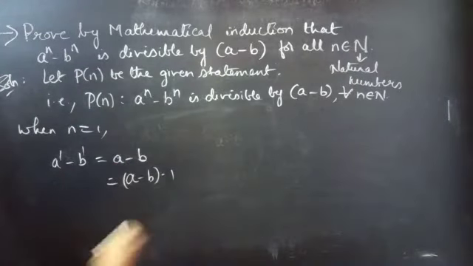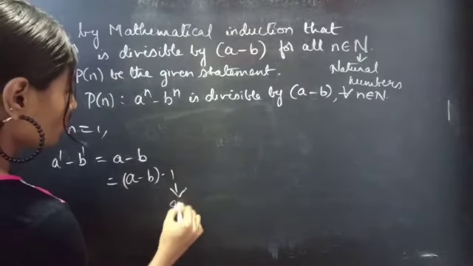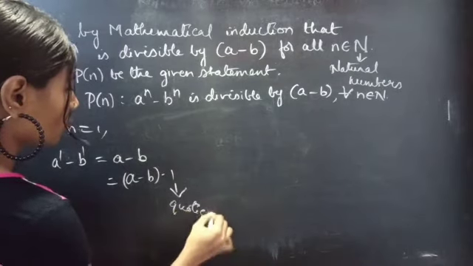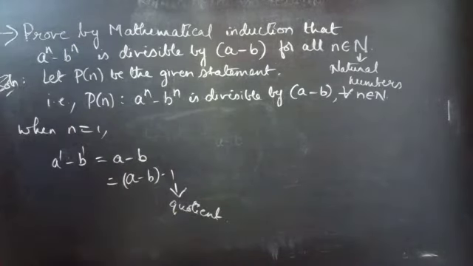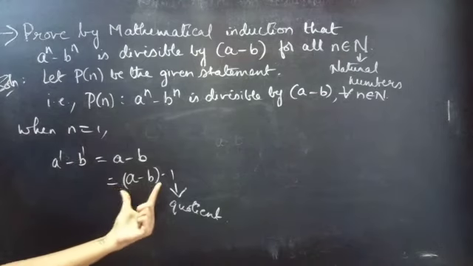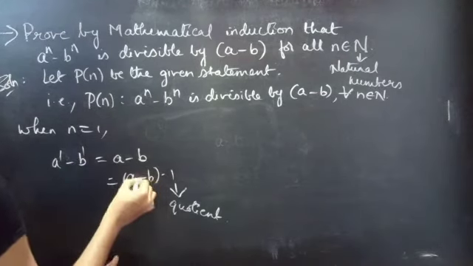So here 1 is a quotient, right? And also here we are having a multiple of a minus b.